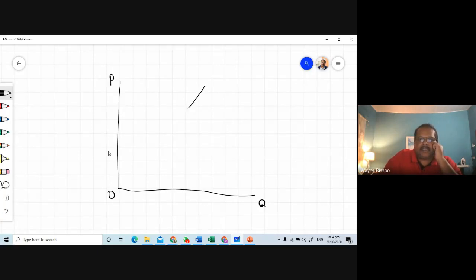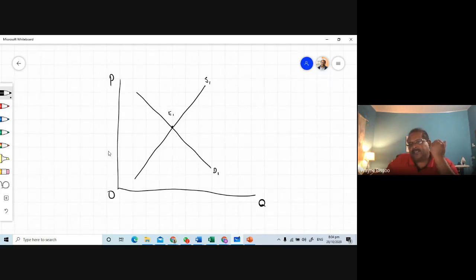you start with an equilibrium position. All right, so this is D1, this is S1. So if something interferes with, let's say, the demand, it's not the quantity demanded, but demand changes as a result of a change in non-price determinants, then you have a shift.